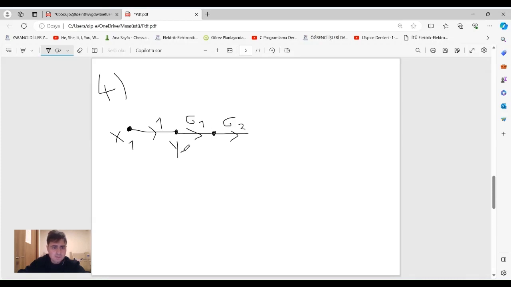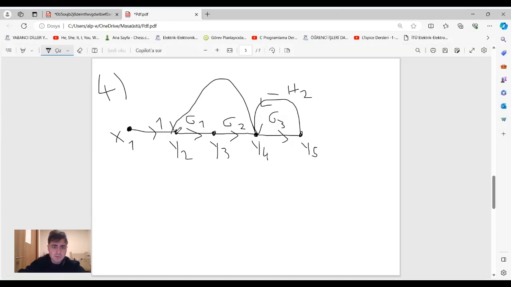This is E2, this is E3, and this is E4. This is going G3, and this is the last one, E5. And then this dots minus H2, yeah, minus H2, and also this dots.